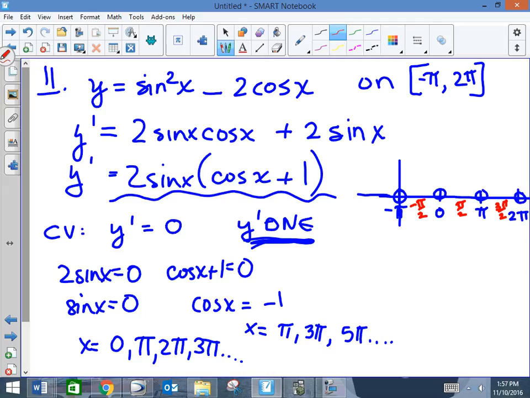All right, we're going to check into this right here. 2 sine of -pi/2. What's sine of -pi/2? -1. So that's going to be negative, right, this piece? Okay, and then cosine of -pi/2 is 0 plus 1 is positive, so this is going to be negative, right?